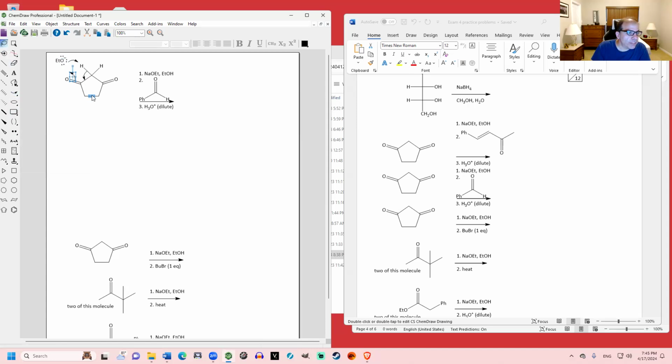And make the resonance stabilized enolate. This enolate then will attack benzaldehyde and do an aldol reaction.